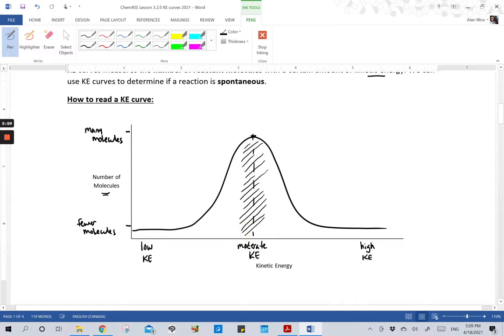So the majority of our molecules in this reaction actually have moderate kinetic energy. A majority of molecules with moderate kinetic energy.